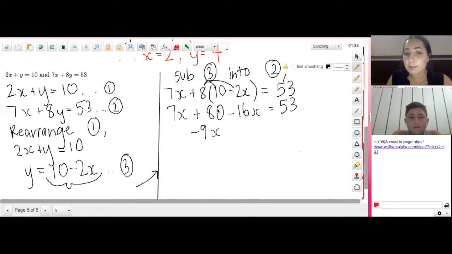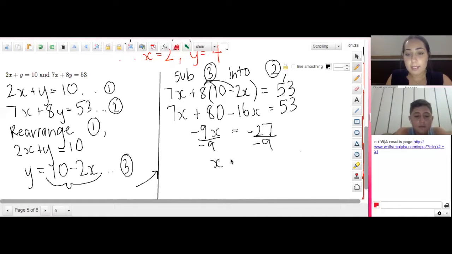And we're going to move this plus 80 to the other side. So what we're left with is 53 minus 80, which is minus 27. Now we simply divide both sides by negative 9. And we get x equals 3. So now that we have a value of x, we can now find the value of y.